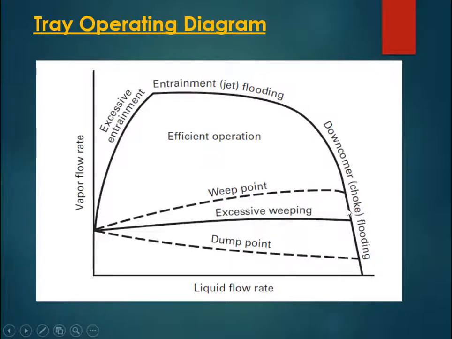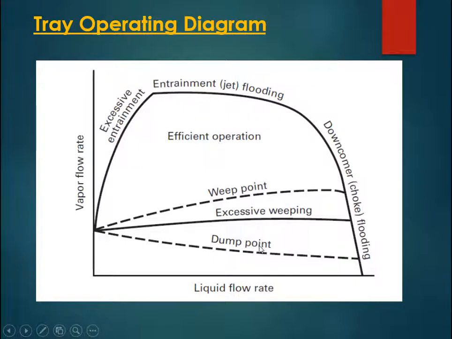So this is okay. Now here is another point that is called the dump point. Below this vapor flow rate, liquid will start dumping through the tray. None of the liquid is flowing over the weir, and all of the liquid is flowing to the tray below through the sieves only, and this is called dumping. Now we are going to discuss dumping in a little more detail.